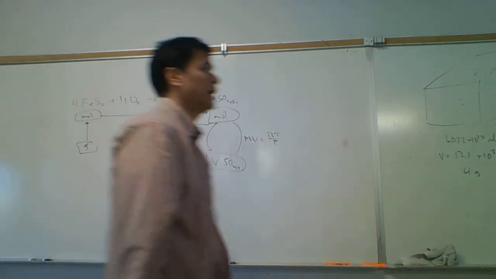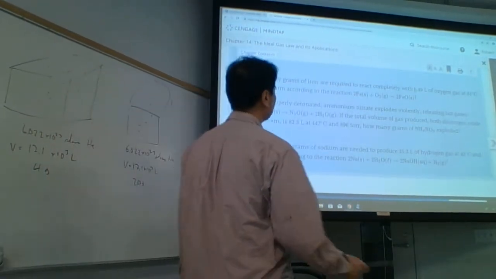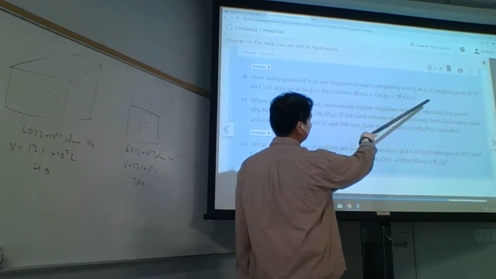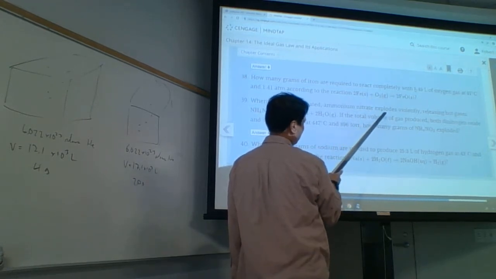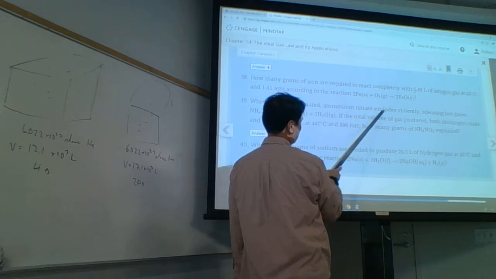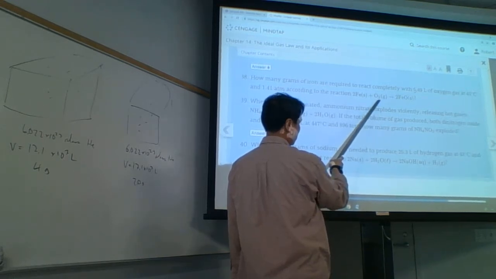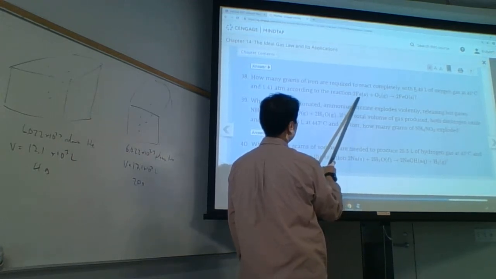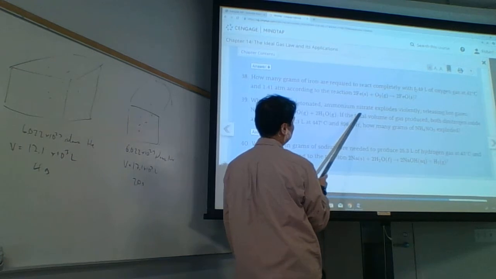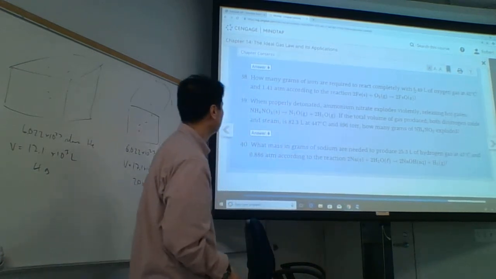If you look at 38, how many grams of iron are required to react completely with 5.49 liters of oxygen gas? Here we just go from liters of oxygen gas to moles of oxygen gas using the ideal gas law or the molar volume. Then moles of oxygen gas to moles of iron, and moles of iron to grams of iron. So very similar, just stoichiometry.